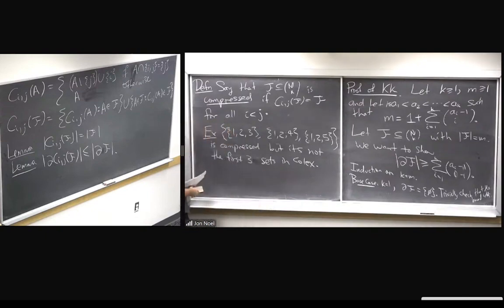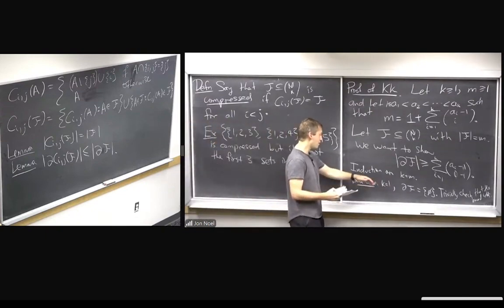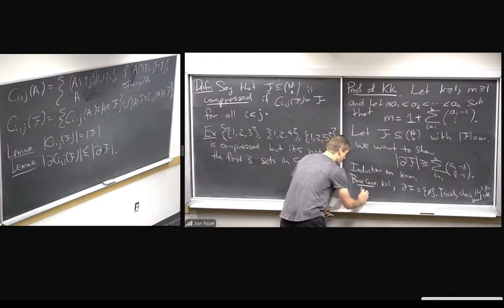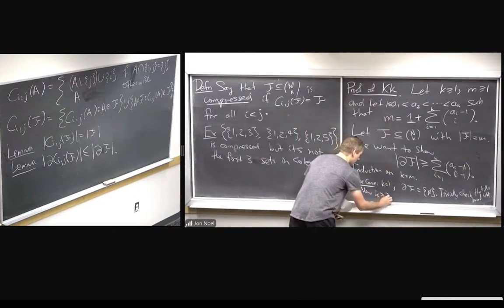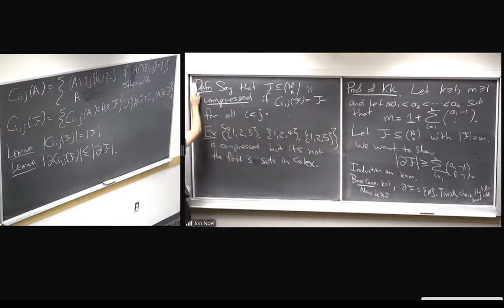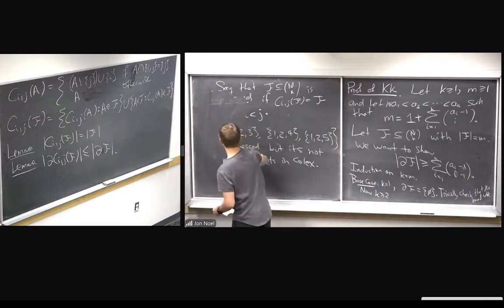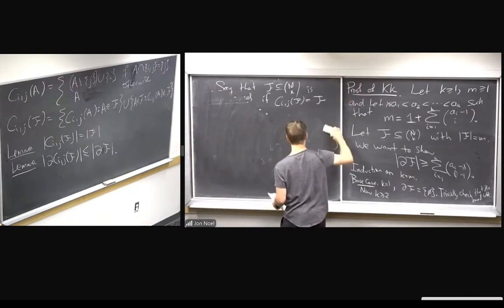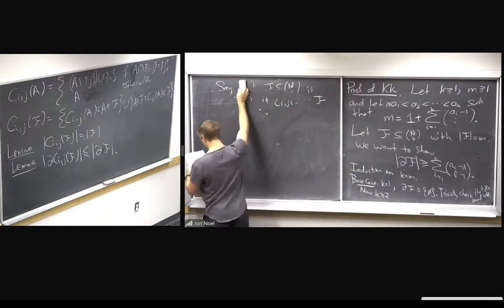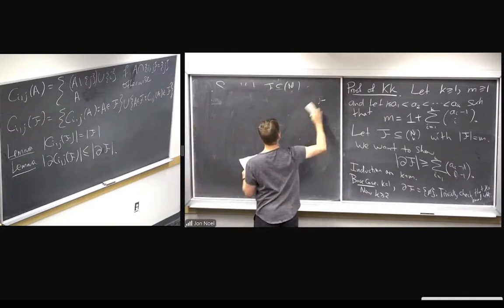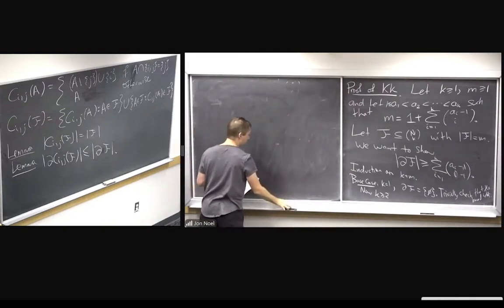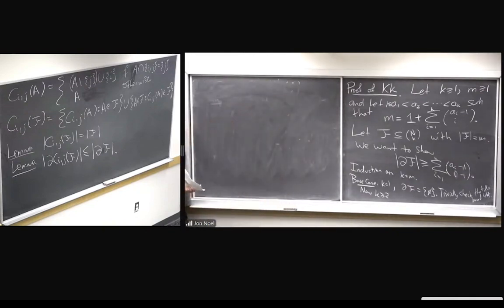Okay, so from now on we're assuming K is at least 2. The point of these lemmas over here is that we can assume F is compressed.